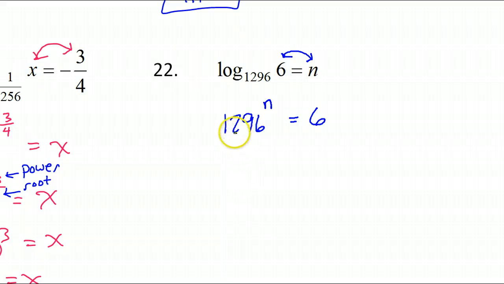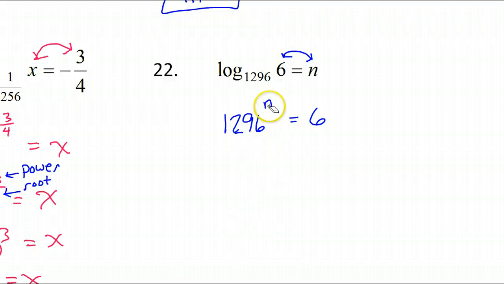So we're asking ourselves, what power will change this into this? Now, I've already got this big number. If I raise this to some kind of a power like 2 or 3 or 4, obviously it's just going to get bigger. If I did a negative number, that's not going to make it smaller. It's just going to drop it down to the denominator. And then I'll have a really big number in the denominator. So that's not going to help. A negative power won't help.